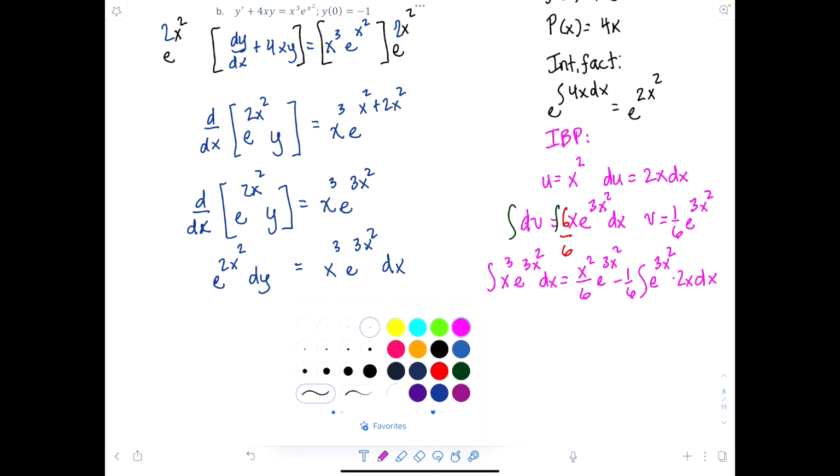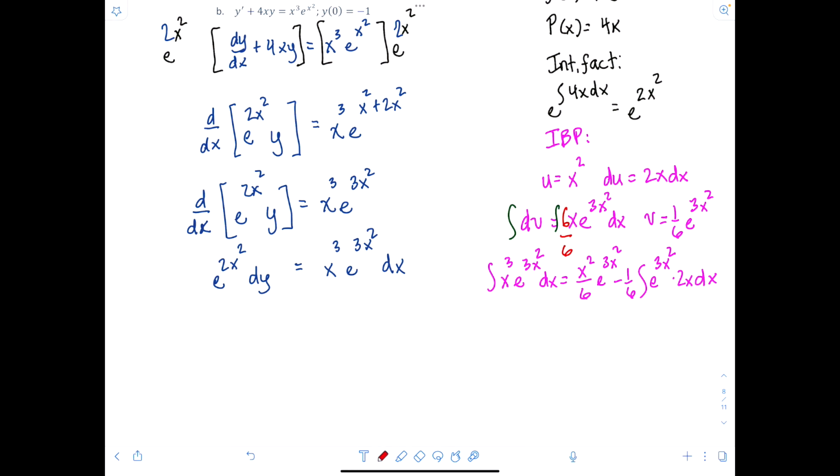Now I need a 6x there. I have a factor of 2, so if I multiply by 3, I'll have what I need for my derivative, and then I'd have to go times 1/3. So then this will equal x squared over 6 e to the 3x squared minus 1/18 e to the 3x squared plus our constant.